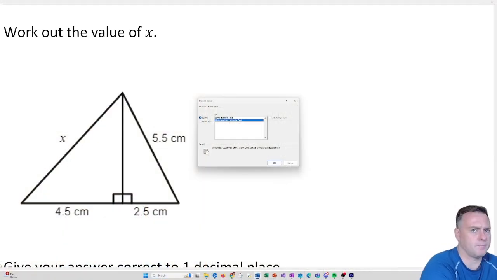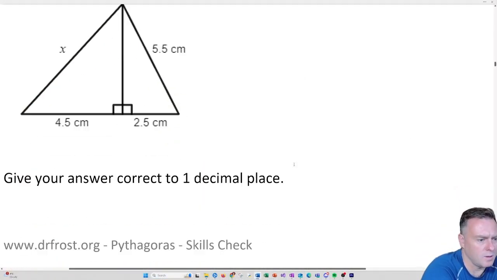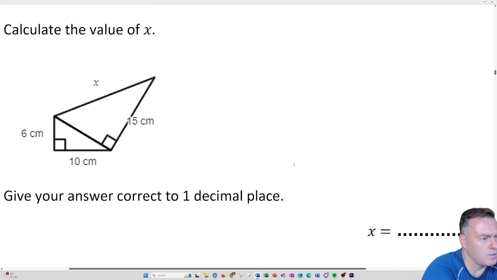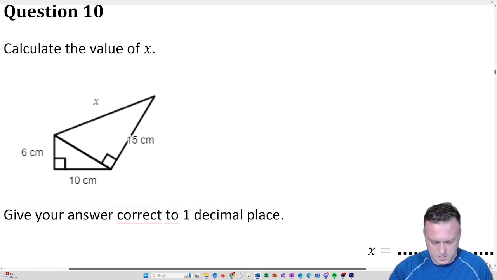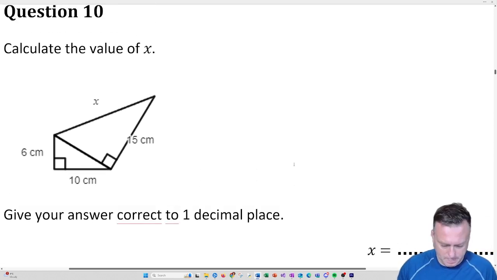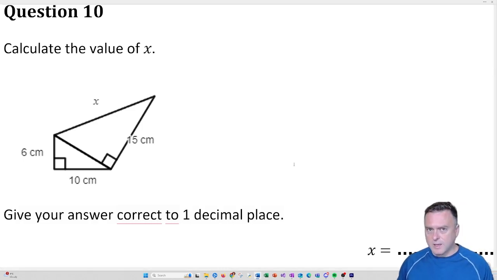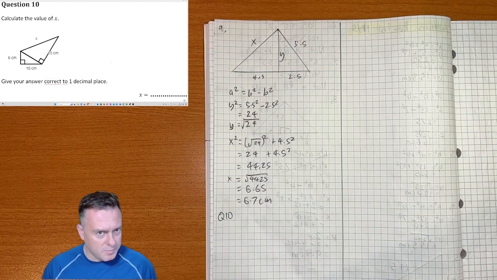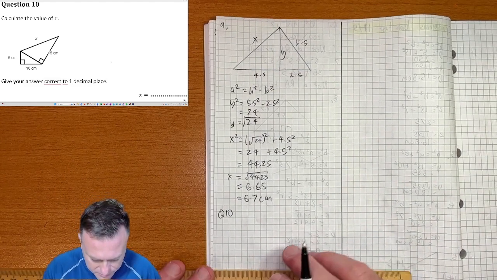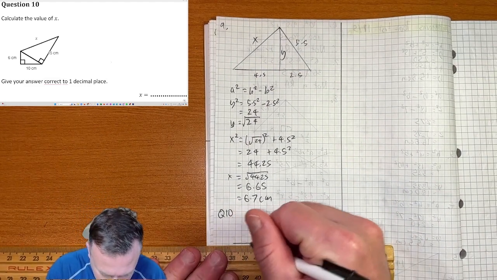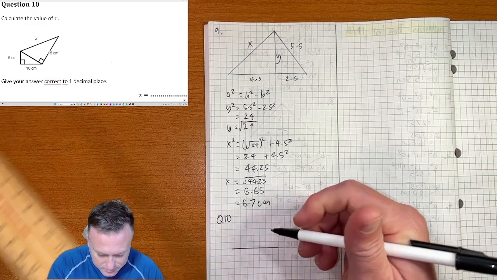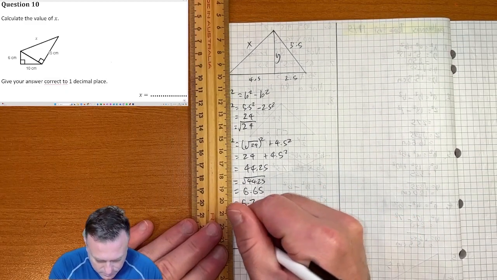Cool. All right, question 10, a little bit trickier. So we're going to try and find that distance there. Same process. I would redraw it first, just so I can get my head in the game of what's going to happen. Got that there.